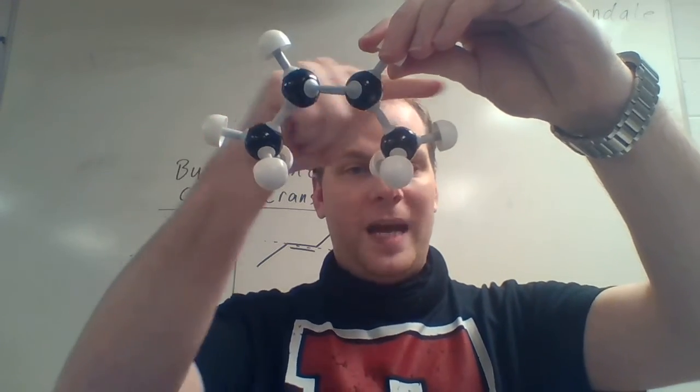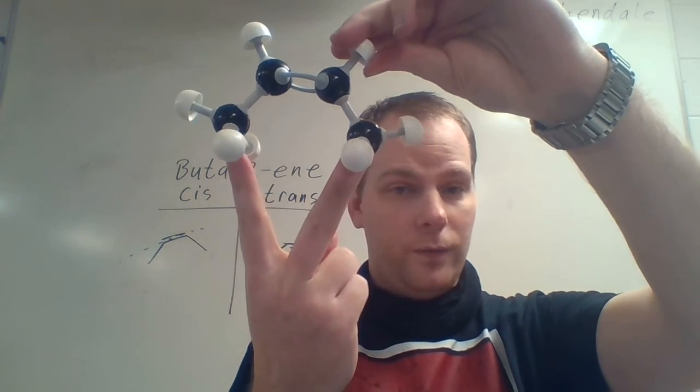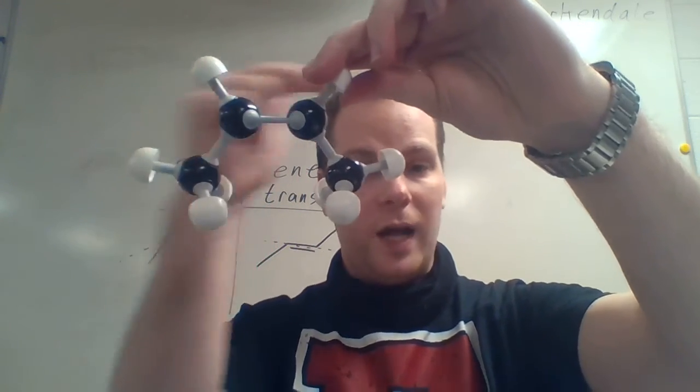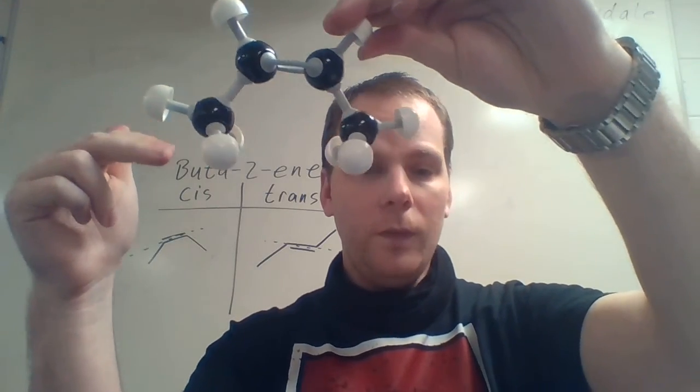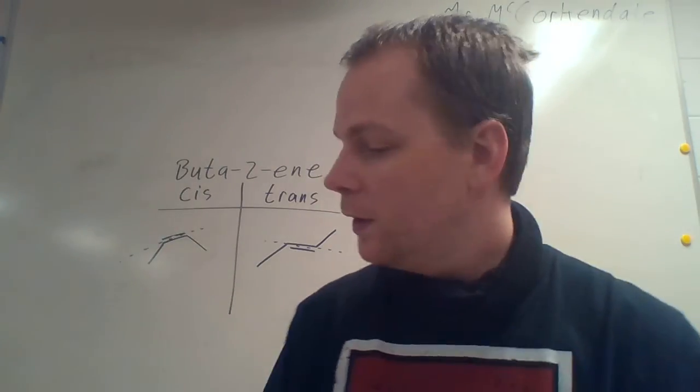We have our imaginary line that runs parallel to the bond. We have a methyl group and a hydrogen, and then on this side, we have a hydrogen and a methyl group. The more extreme or larger structure is the methyl group between both pairs. And since both methyl groups are on the same side of the dotted line, that makes this cis.